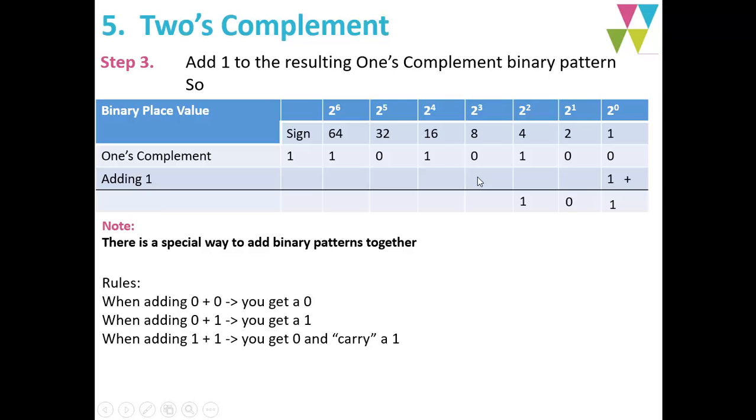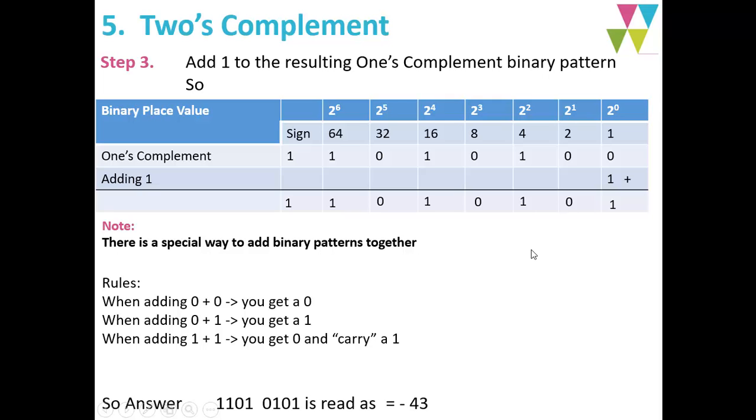There's nothing here, so that's 0 and 0 gives you a 0. There's nothing here, so that's 0 and 1 gives you a 1. 0 and 0 gives you a 0. 0 and 1 gives you a 1. And 0 and 1 gives you a 1. So we just added 1 to this 1's complement number, and this is the answer that we get.